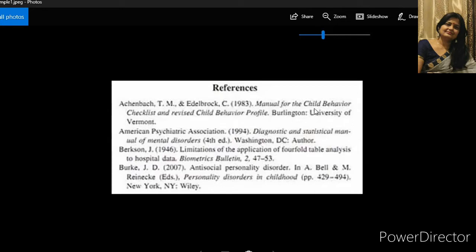Then it is the manual for the child behavior checklist and revised child behavior profile. This is a manual actually, and the source is being taken from the University of Vermont, Burlington. So all the details which are required are over here. So this is one form of how you can write the references.